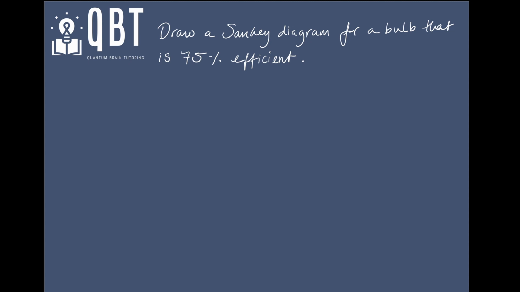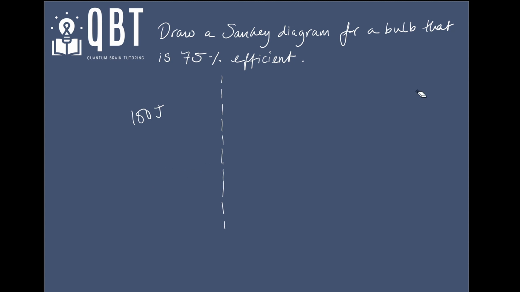An example might be if you had lined paper, one square on your lined paper is going to be equal to 10 joules. And if your input was 100 joules, then you would have to do 1, 2, 3, 4, 5, 6, 7, 8, 9, 10. You get the gist.